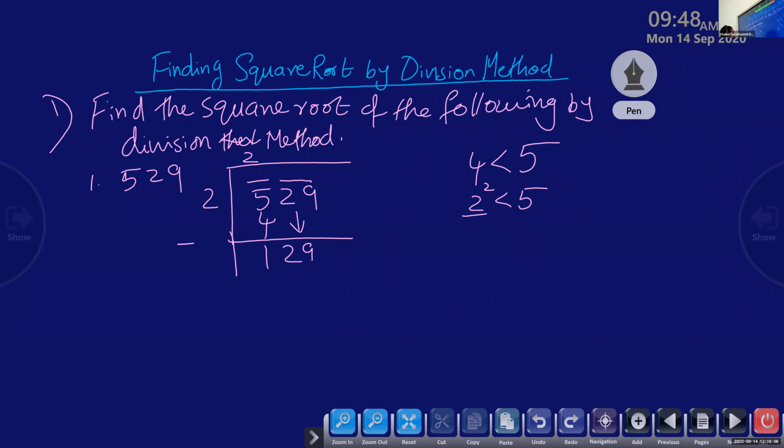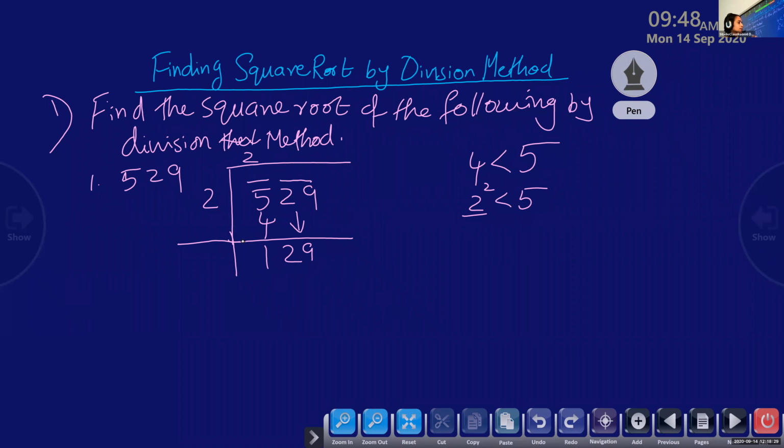And whatever the quotient is, what is the quotient here? We have written the quotient, 2. Whatever the quotient is, take its double.